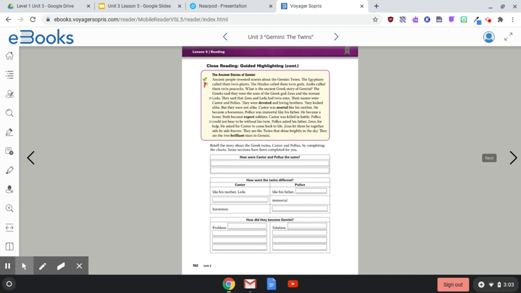Now write an IVF topic sentence for this section. Refer back to your previous topic sentence or page 91 for more examples. Now let's read The Ancient Stories of Gemini aloud.